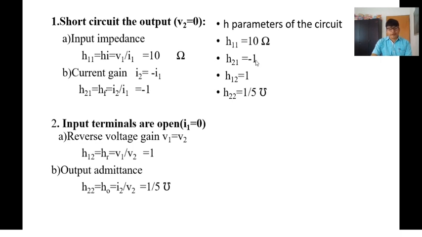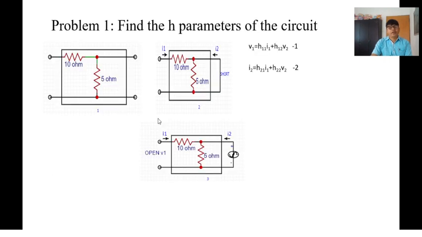Now you find out H12 and H22. Next you have to open the input circuit, meaning I1 is equal to 0. In order to calculate that, input terminals are open.